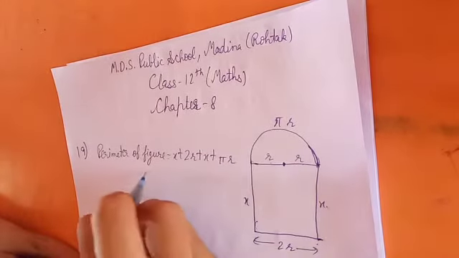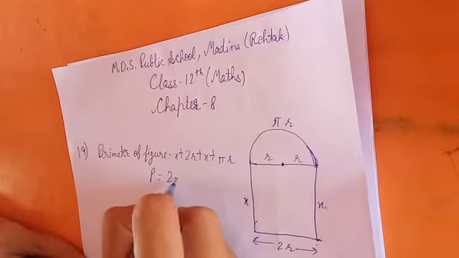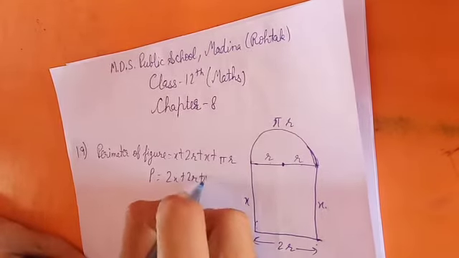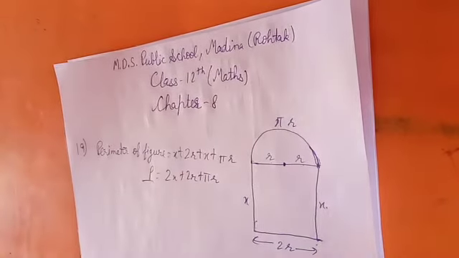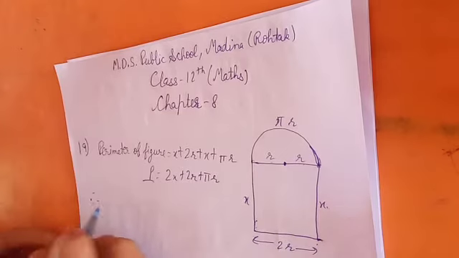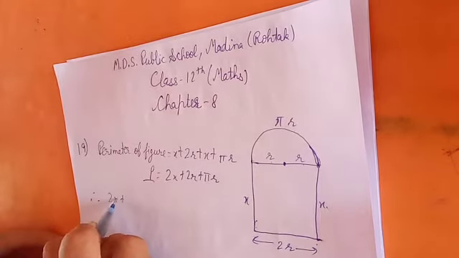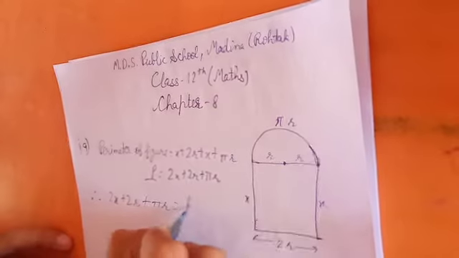So this total becomes p equal to 2x plus 2r plus pi r. But the perimeter is given, so we can assume it is some constant k. Therefore 2x plus 2r plus pi r is equal to k.